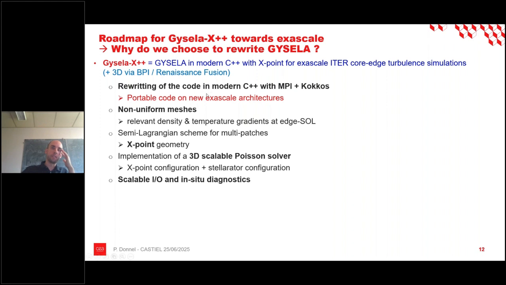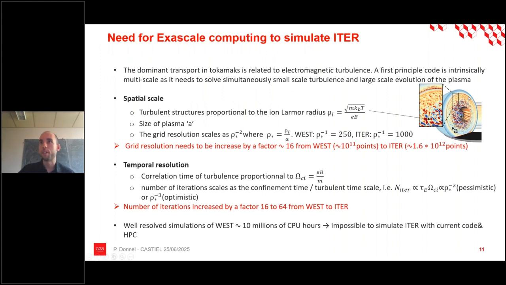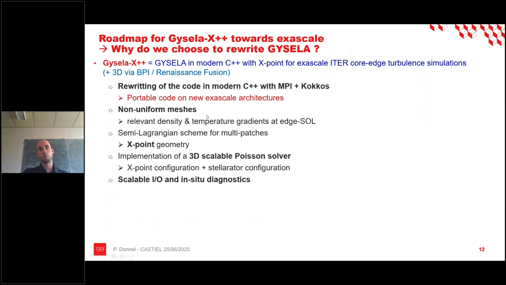More on the new features we also want to include while developing this code. We want to have what we call a non-uniform mesh, because we have really large gradients in the edge of the plasma. Maybe if I come back here, at the edge of the plasma, you have a really large ratio of maximum to minimum temperature, and the same for the density. And so to describe this, we think we need a non-uniform mesh to avoid increasing too much the number of grid points.